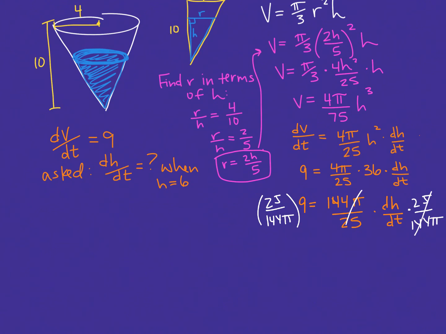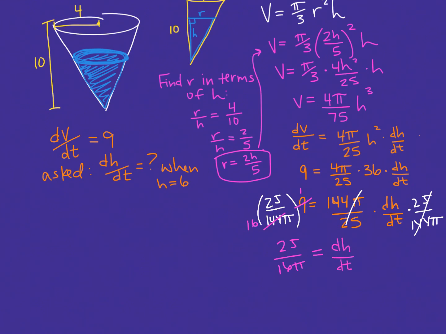So that cancels. When we multiply over here on this left-hand side, 9 and 144 are both divisible by 9. So being both divisible by 9, we'll end up getting 16 and 1. So we're left with 25 over 16 pi equals dh/dt.